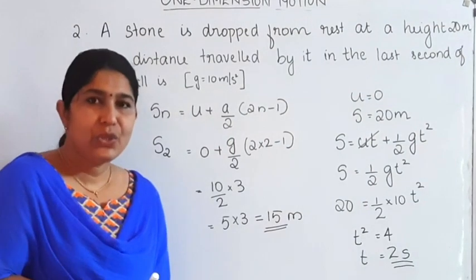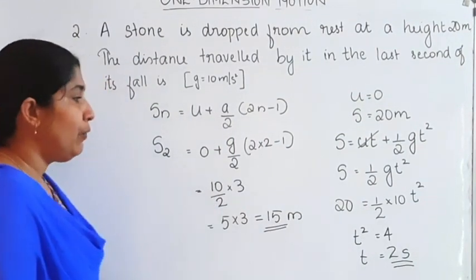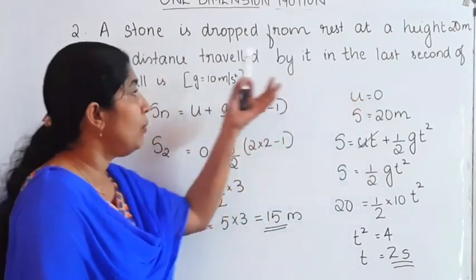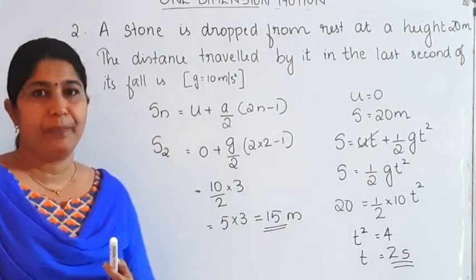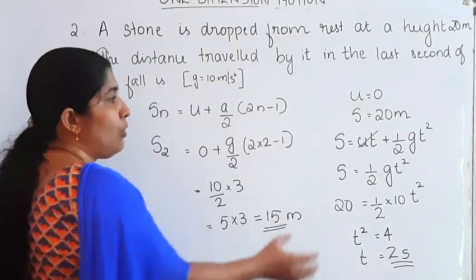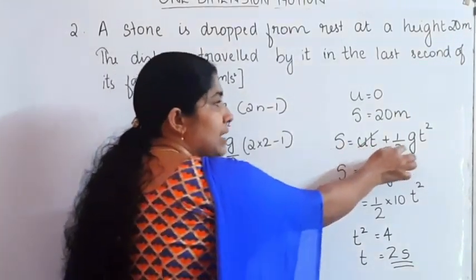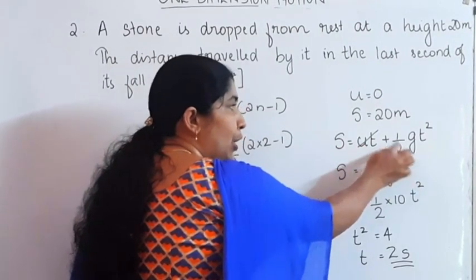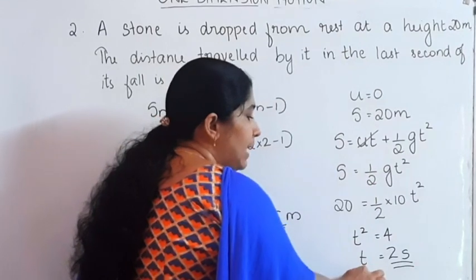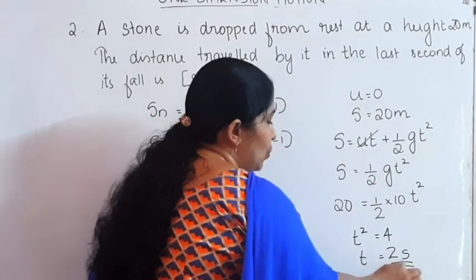Okay. In this question, first of all, we want to find the time, because we don't know the last second of its fall. Time can be calculated by using the formula s is equal to ut plus half gt square. u is equal to 0. Then on substituting the values, time t is equal to 2 seconds.